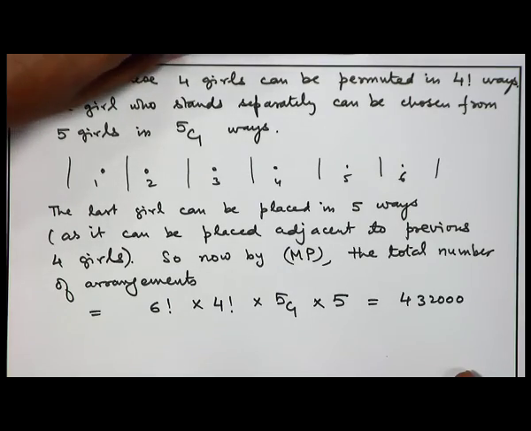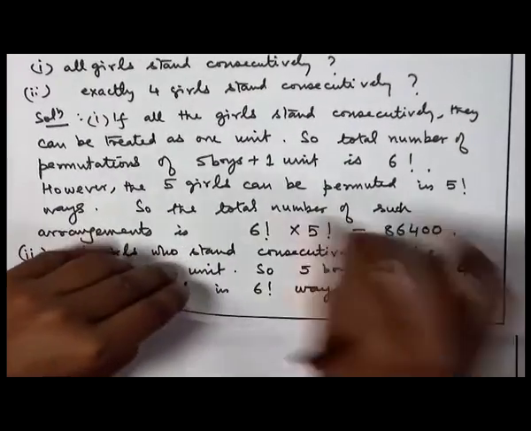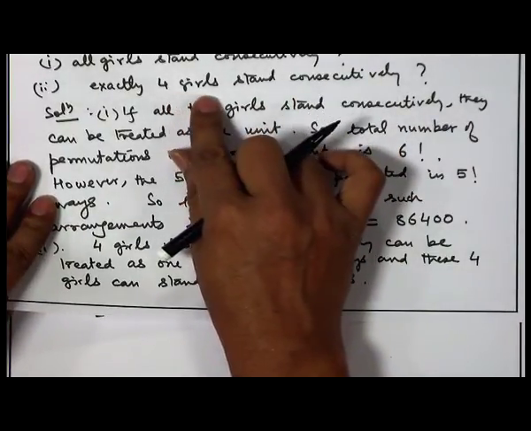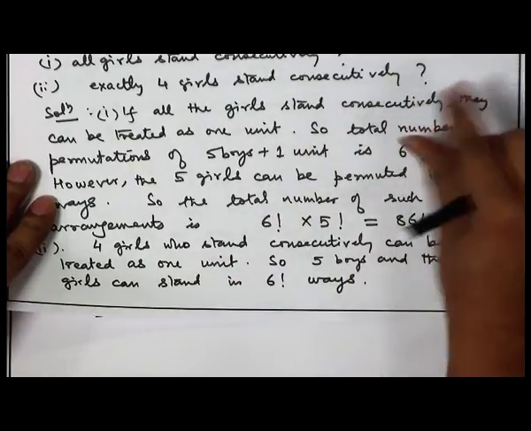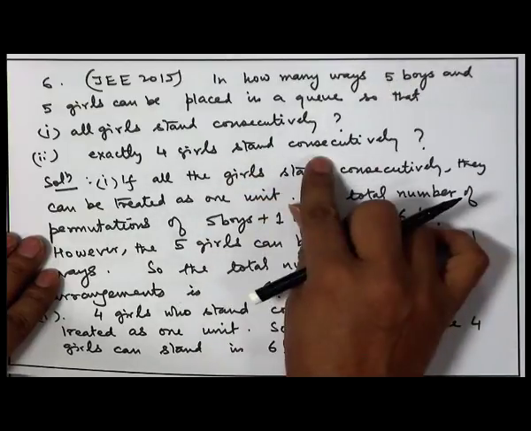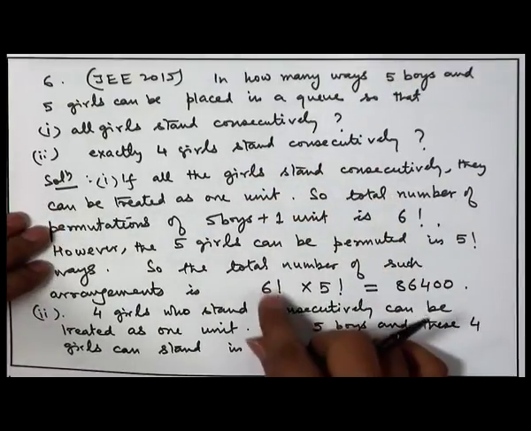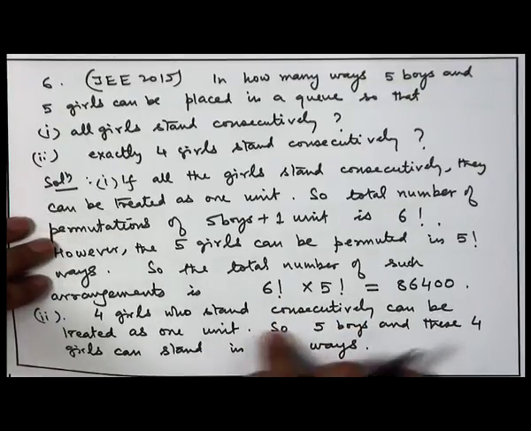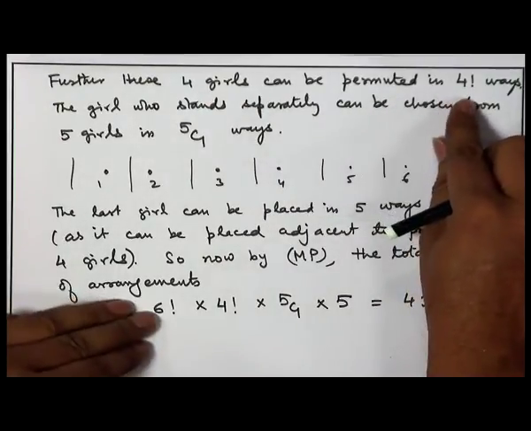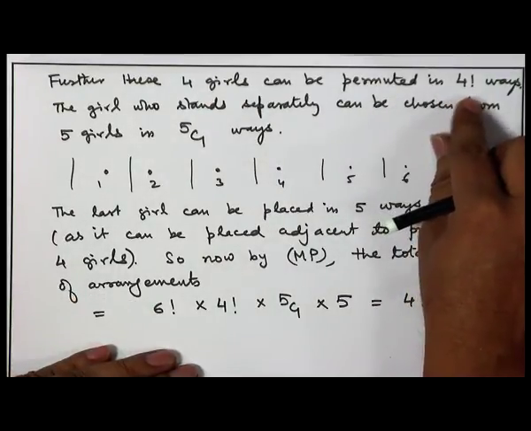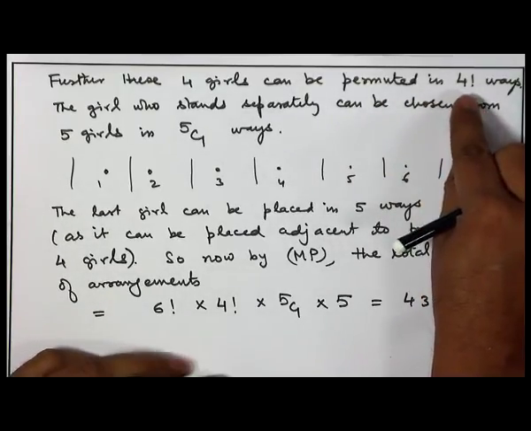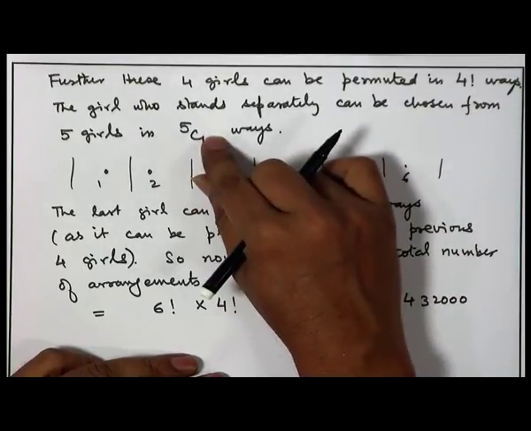Here you have seen how the counting has been done. We say exactly 4 girls stand consecutively, so they are treated as one unit. Now, one girl is remaining, so we consider it separately and there are 5 boys. So, 5 boys plus this unit of 4 girls becomes 6, and they can be placed in 6 factorial ways. Now, these 4 girls can themselves permute in 4 factorial ways. Another choice is coming because one girl is separated, so out of the 5 girls, the number of ways of choosing that girl will be 5 C 1.